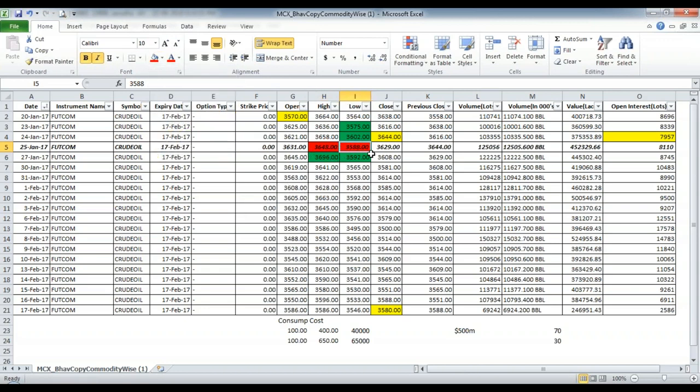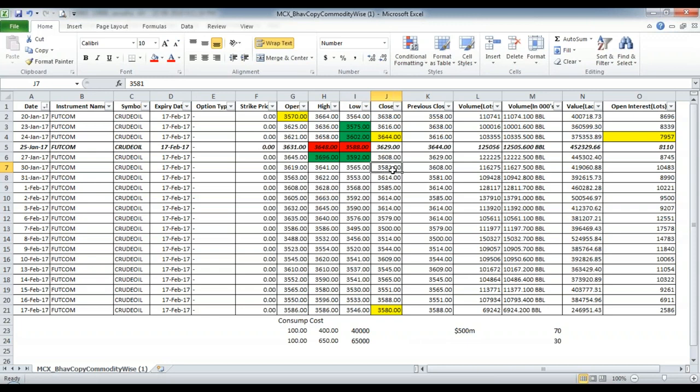Okay, fine, no problem. Now, the selling has increased and it didn't even make a low yet. Now, the very next day, did the selling further increase? Yes, sir. Did it make a lower low? Yes, sir. Okay, and did it break 3592 completely?